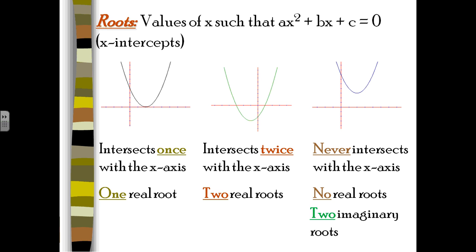So that means that when you go through and you solve it, you end up getting a negative underneath the radical sign. And now that we have imaginary numbers and complex numbers that we can work with, we can actually say that the roots are imaginary and figure out what they are. It just means that the parabola does not intersect the x-axis. Okay, so if you want, keep this visual in mind.